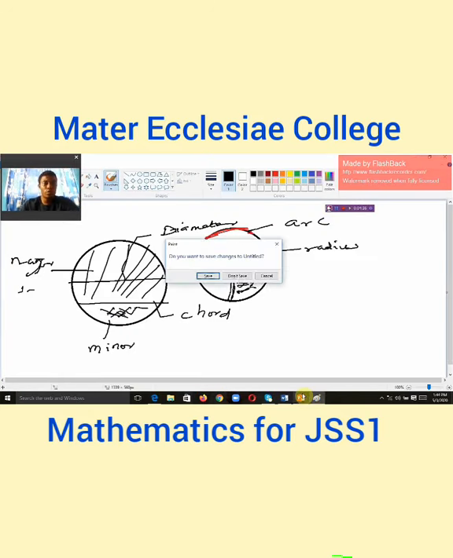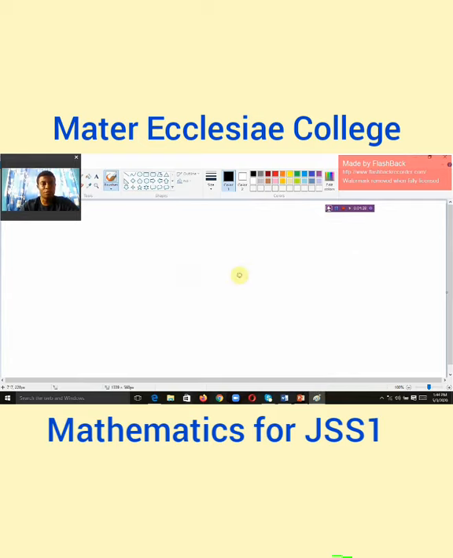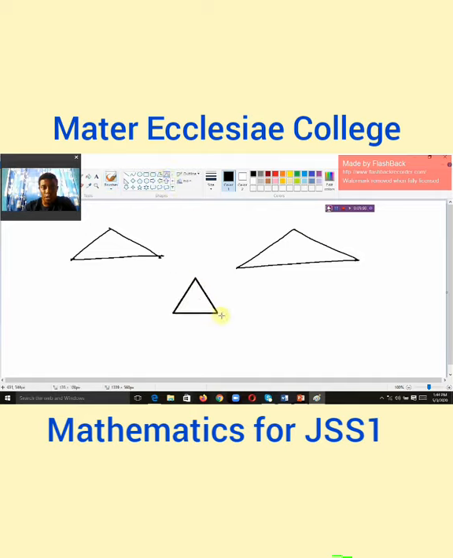To explain the types of triangle, at least based on sides, I am going to draw three types of triangles now. So let me get a perfect triangle.